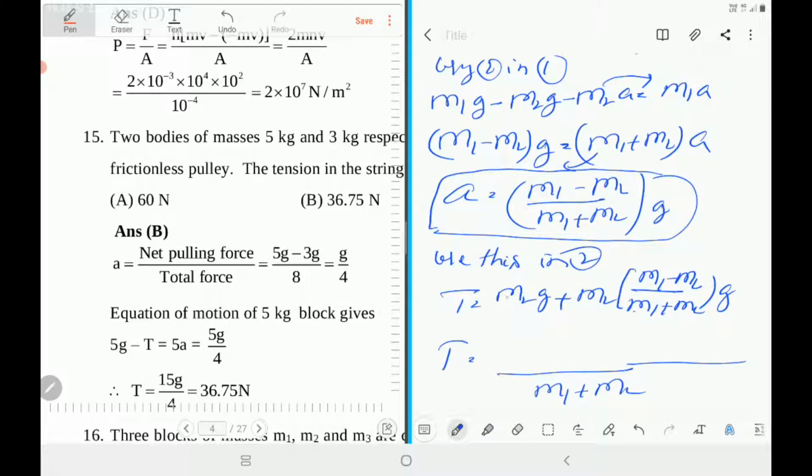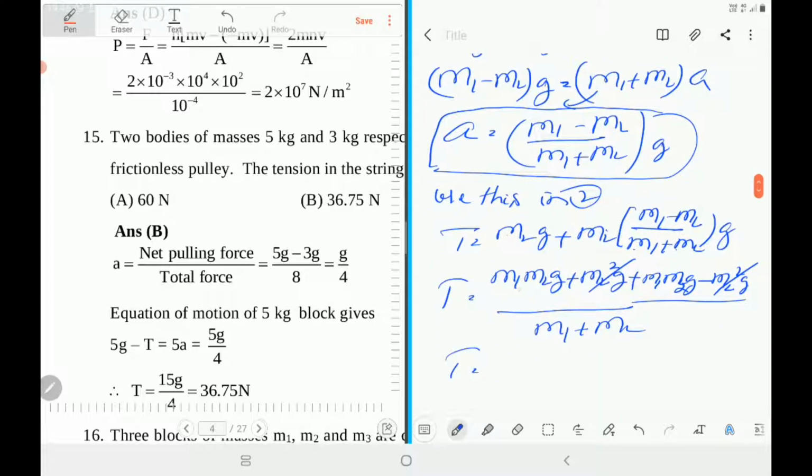Multiplying through, you get m1 m2 g plus m2 squared g, plus m1 m2 g minus m2 squared g. The m2 squared g terms cancel. So you are left with two terms, m1 m2 g and m1 m2 g, that is, 2 times m1 m2 g divided by m1 plus m2.